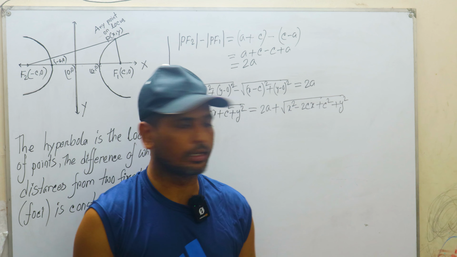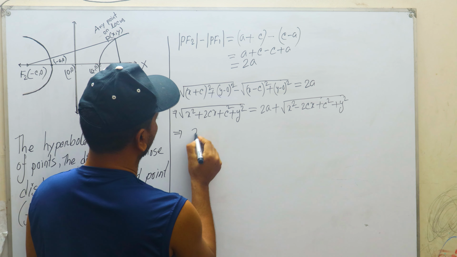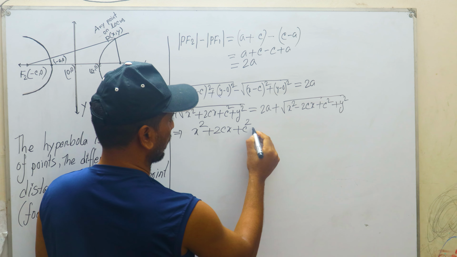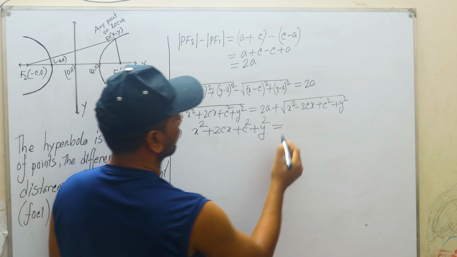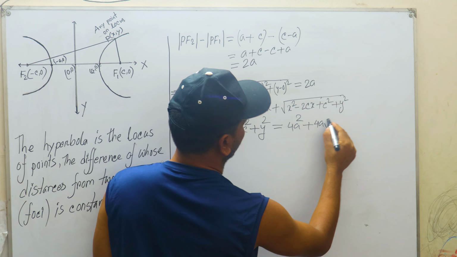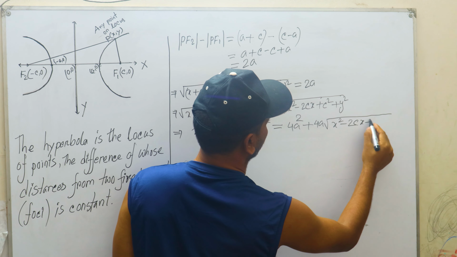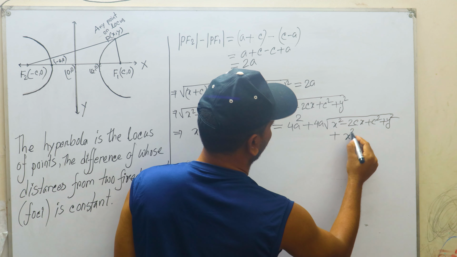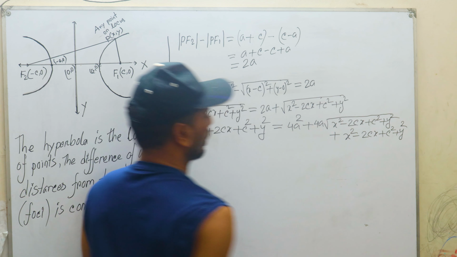Now I am going to square on both sides. Squaring on both sides, x square plus 2cx plus c square plus y square equals 4a square plus 4a into square root of x square minus 2cx plus c square plus y square, plus again x square minus 2cx plus c square plus y square.